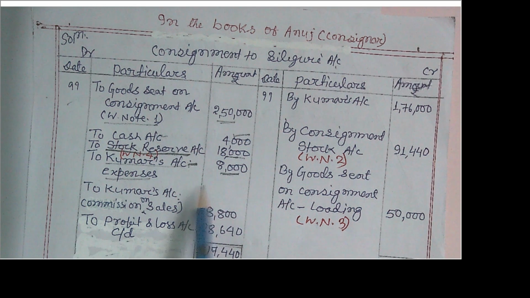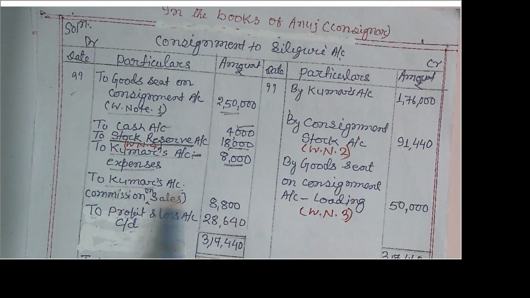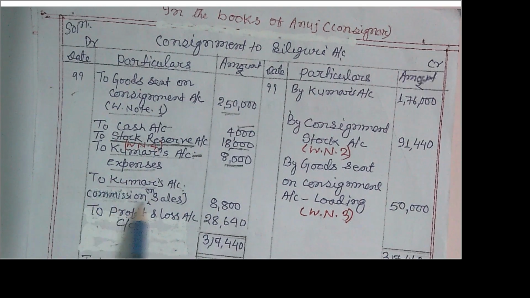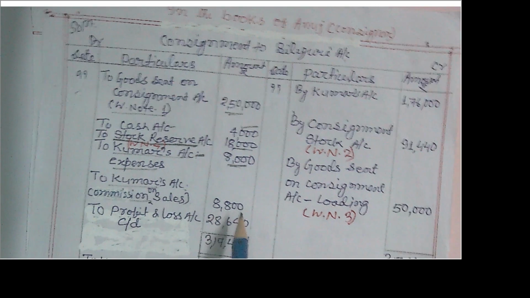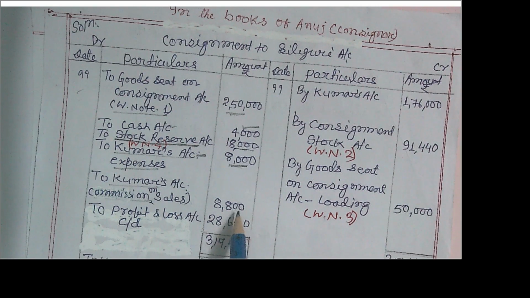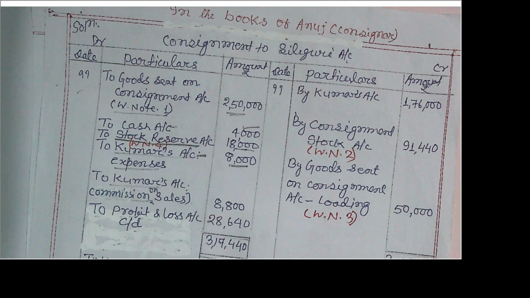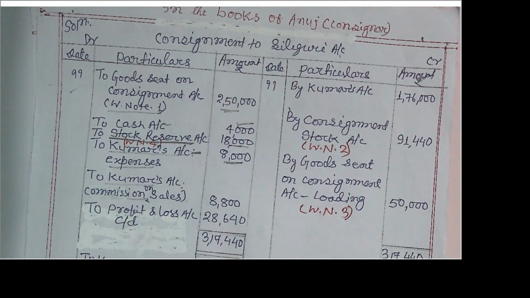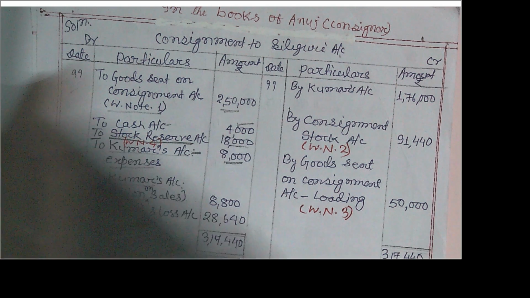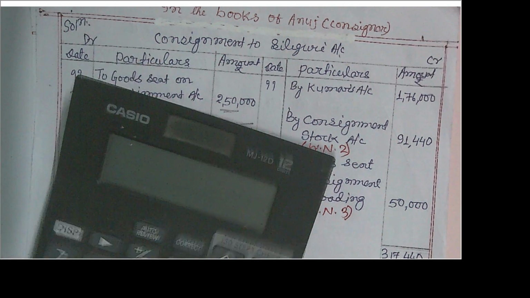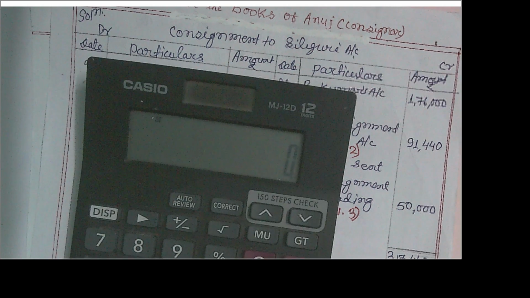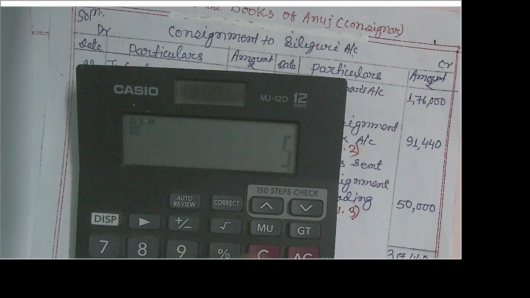And again, Kumar's account is written for commission on sale, 5% commission on sales. If you calculate the 5% commission on sales, see the calculator: the total value of goods sold by him is 1,76,000, into 5%.